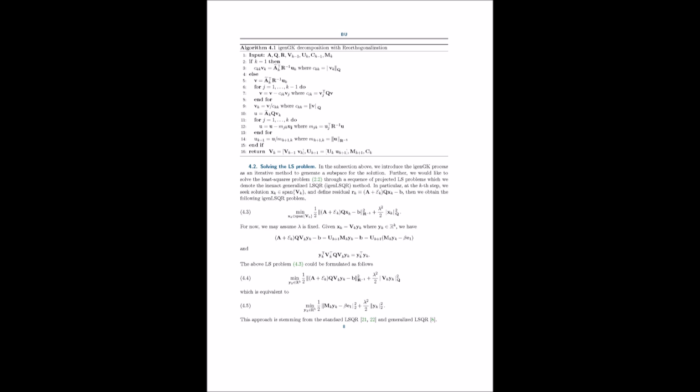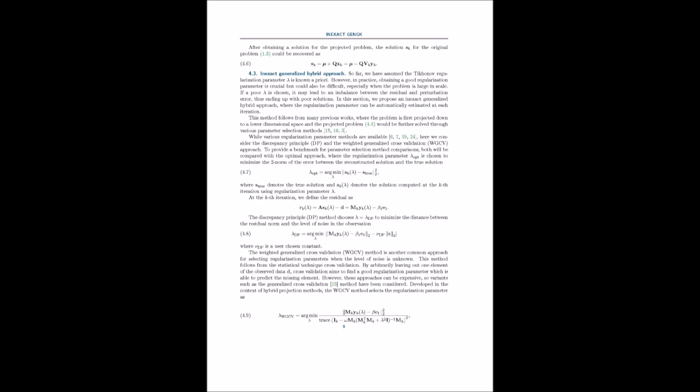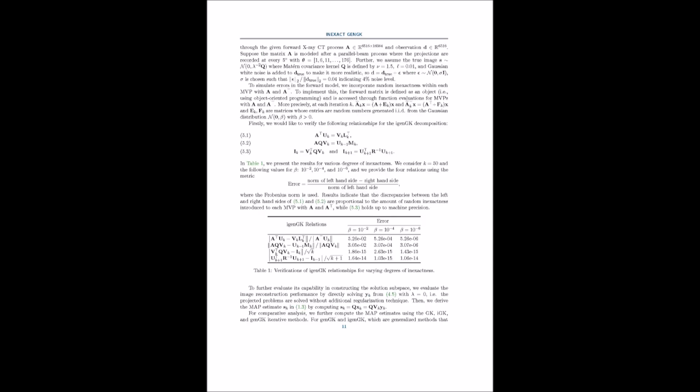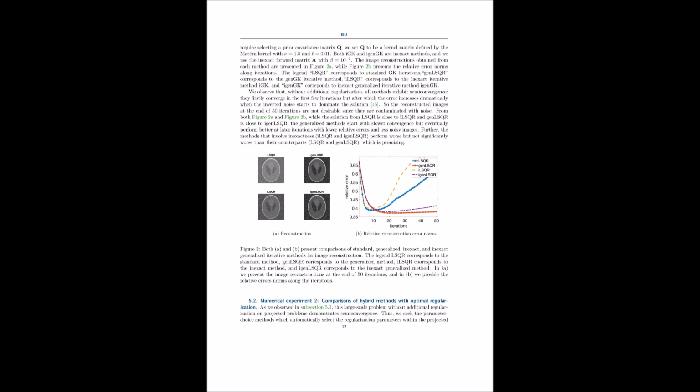So what happened? The results are in figure 3A and 3B, and they're impressive. The hybrid methods not only produce clearer images, but also stabilized convergence. That's amazing. The hybrid approach with optimal λ seems like a game changer. But what about igenHBR, considering both inexactness and the generalized problem? Even with that inexact forward model, igenHBR held its own.